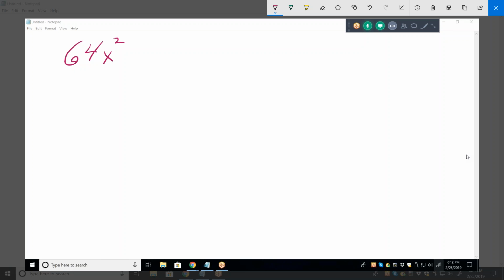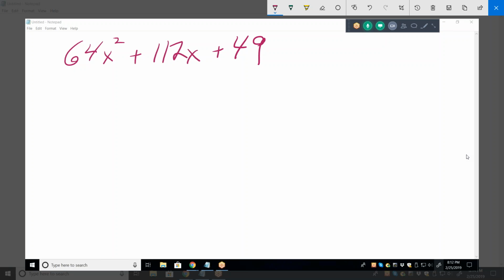Okay. What comes after the 64x squared? Plus 112x plus 49. Okay. And we're supposed to factor this? Yeah. What's our first step in factoring this going to be? Well, you would do 64.